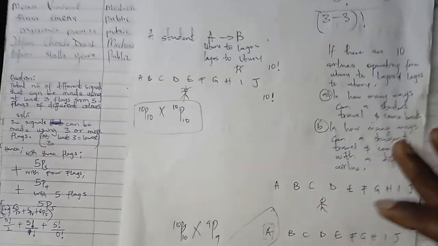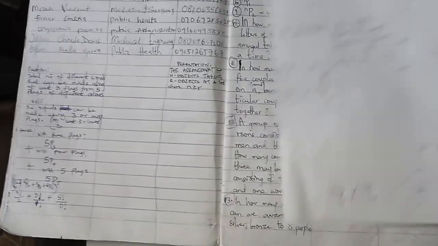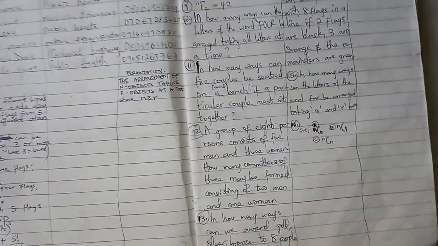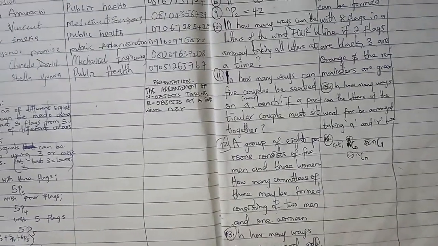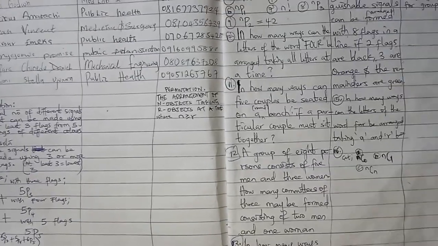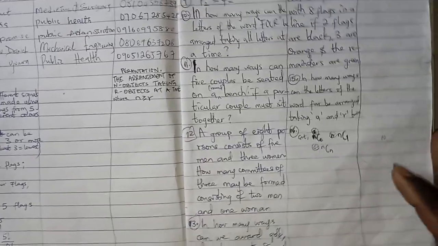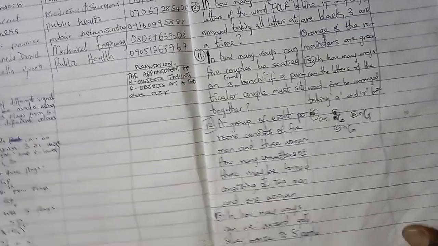Very simple. I believe the combination video will come after this, because I took time in treating this permutation. Permutation is always more. If you have 10 as your answer for permutation, that means you should have like 5 or less for combination. The answer for combination is always lesser, because order does not matter in combination, but in permutation it matters a lot.